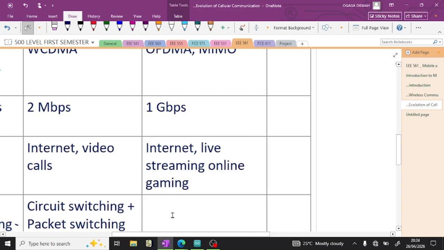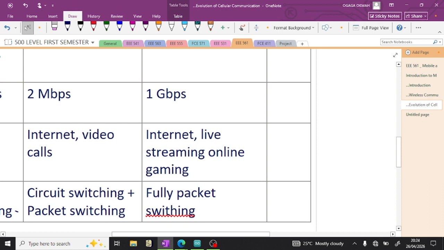Then for this one it is fully packet switching. Everything is internet protocol, all IP. So fully packet switching, no longer circuit and packet, but just packet switching, everything internet protocol.